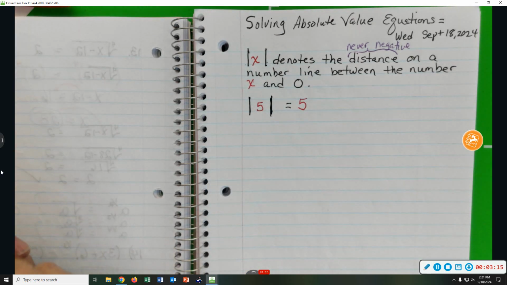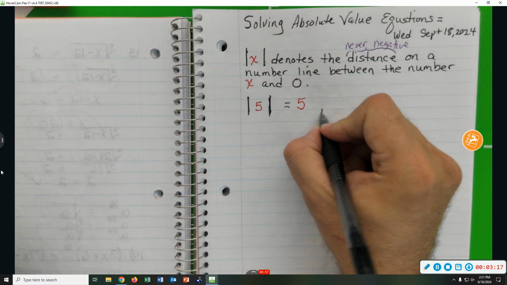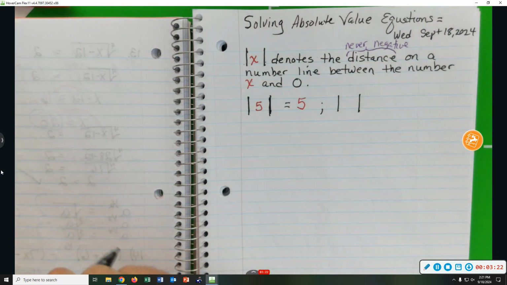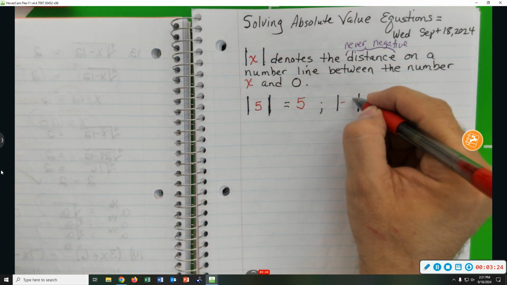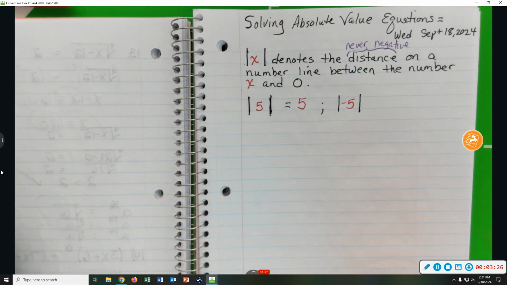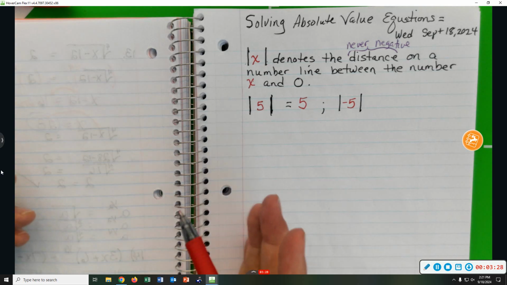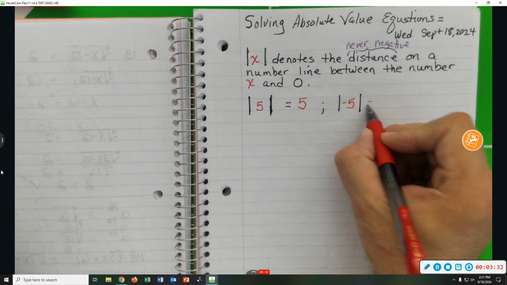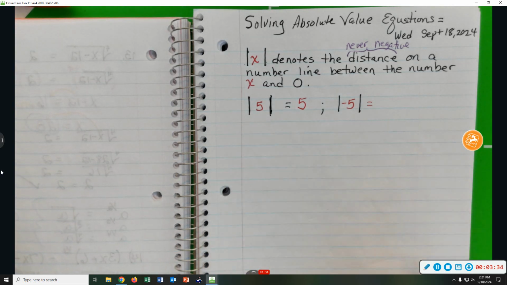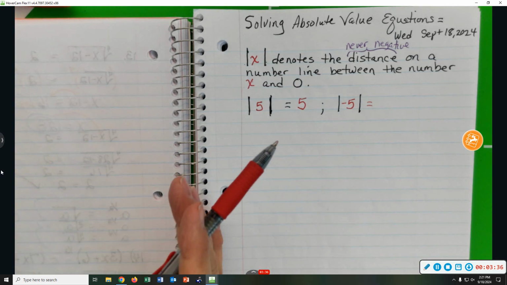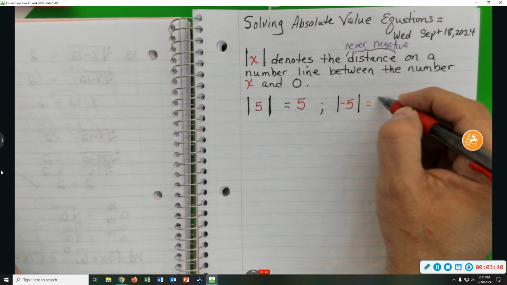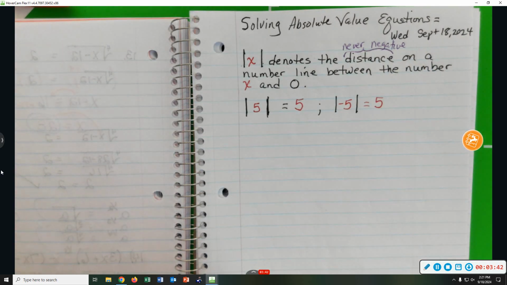What about the absolute value of negative 5? Well, positive 5 is to the right of 0, negative 5 is to the left of 0, but the distance is still the same. The distance between negative 5 and 0 is still positive 5.